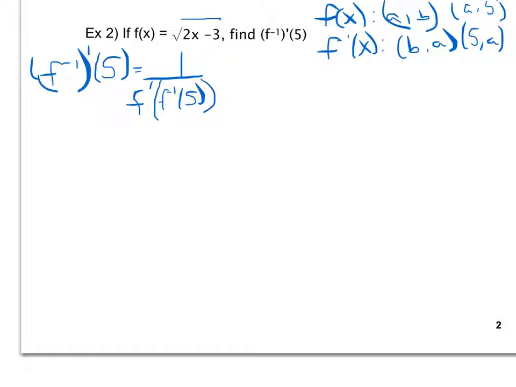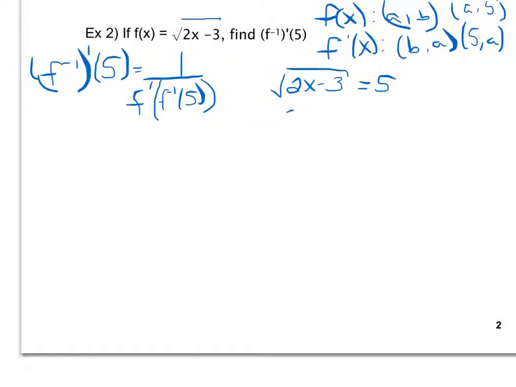So I can set my original function, the square root of 2x minus 3, equal to 5 and ask what x value made my original function have a y value of 5, because that x value will be the y value that corresponds with 5 for my inverse.